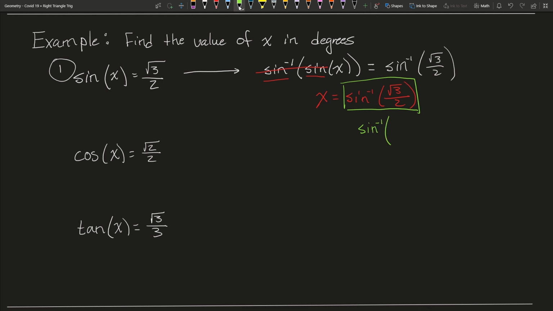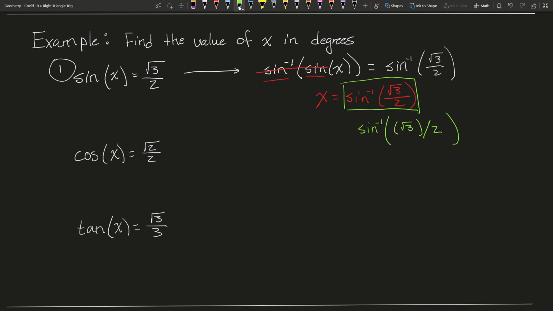The first thing that we need is the sine inverse, and in order to do that, we hit the second button and then the sine button, and then we would do square root of 3 divided by 2. And again, you can type this into Google, you can type this into Desmos. Most calculators will have this.